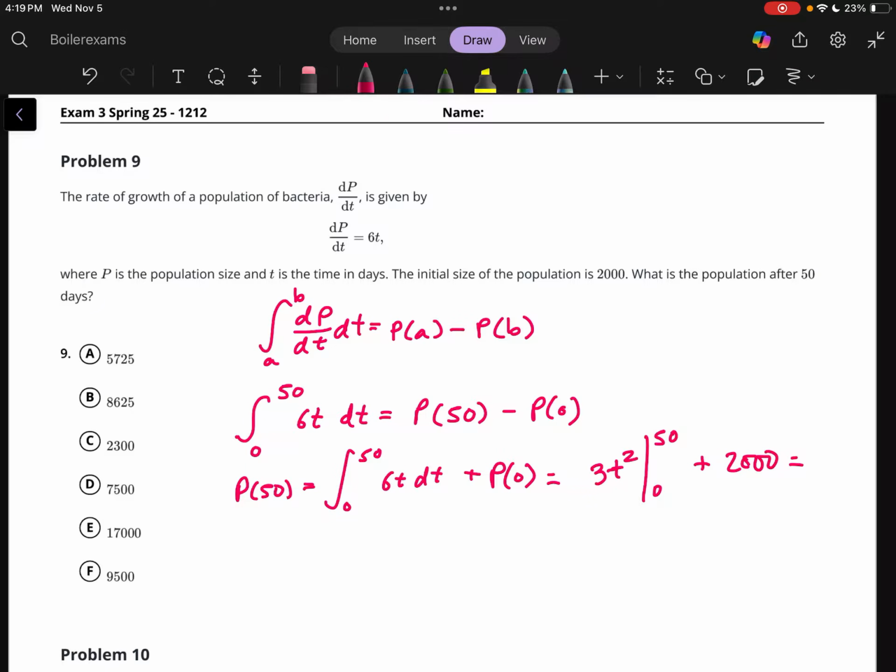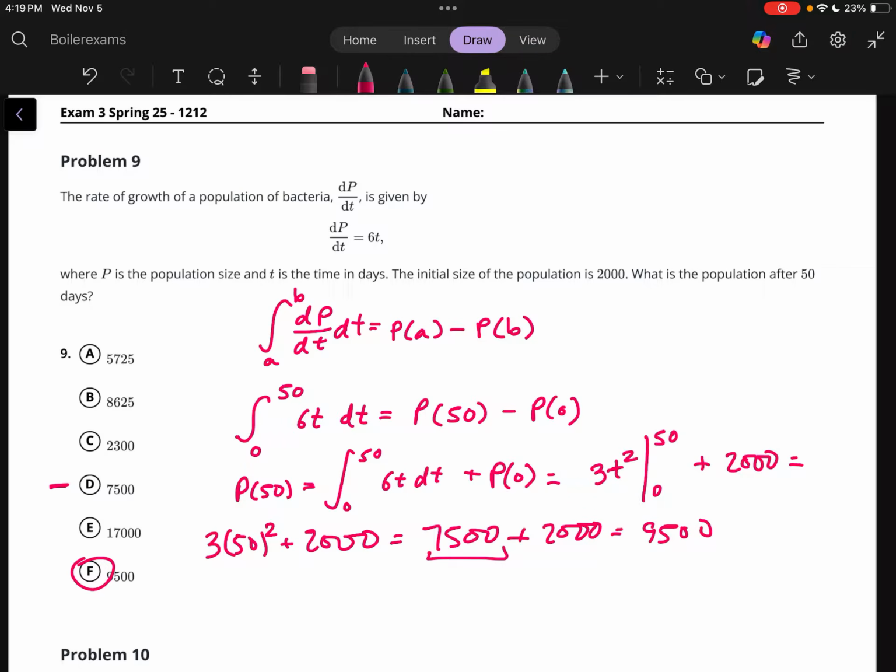Now I just plug my numbers in. I get 3 times 50 squared plus 2000, which is equal to 7,500 plus 2000, which equals 9,500. So the final answer for 9 is F. And like I said, if you forgot your initial condition, you'd get D. So never forget your initial conditions. All right.